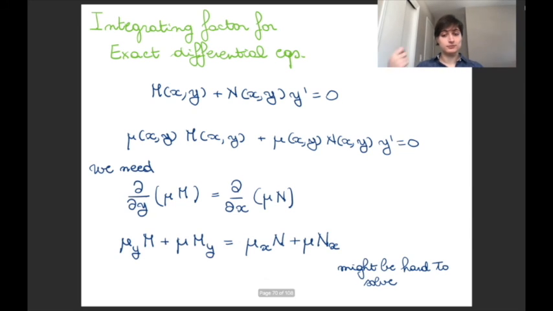We can explicitly write it down as the derivative of mu with respect to y times m plus mu times the derivative of m with respect to y equals mu x times n plus mu times n x, where the subscripts indicate derivatives. It might be hard to solve, but if you can, then you have a way to solve the exact differential equation.